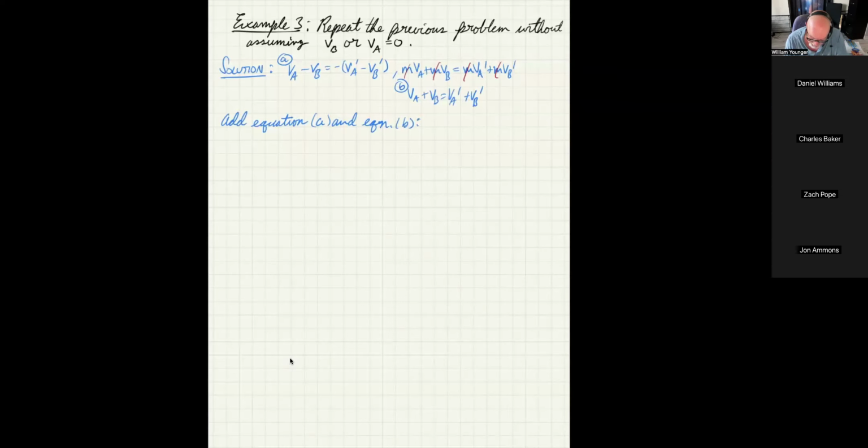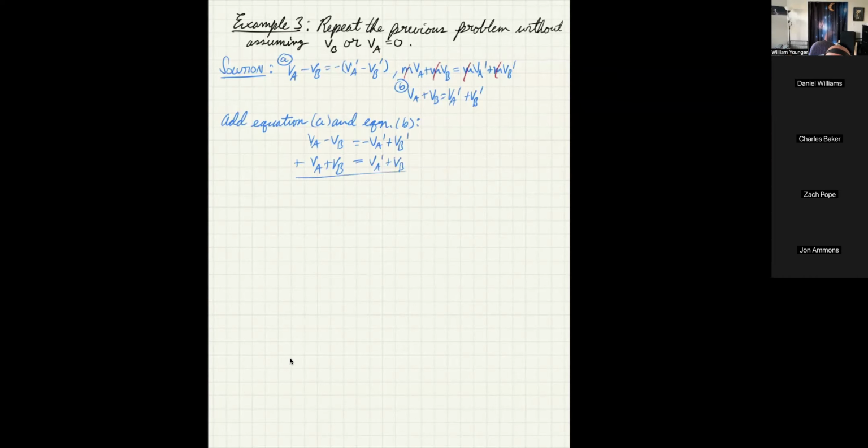When I do that, I'm going to get VA minus VB plus VA plus VB is equal to, I'm going to go ahead and distribute the negative. This is negative VA prime plus VB prime. And this one's going to be equal to VA prime plus VB prime.